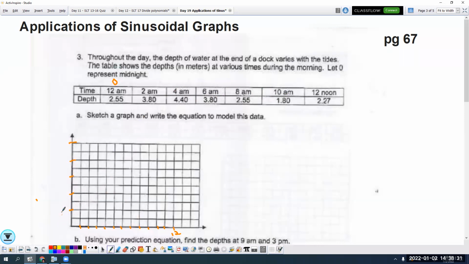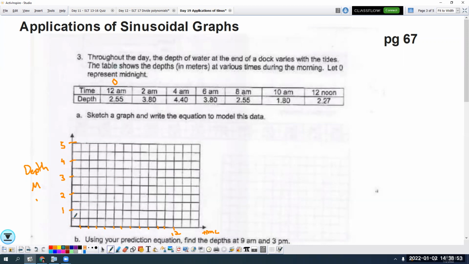I'm going to make every one square be like a half because I just think that'll make the graph a little easier. 5. And this is depth in feet, meters. And then this is going to be time since midnight. So let's go ahead and make a quick graph.